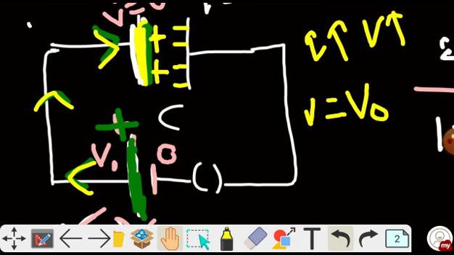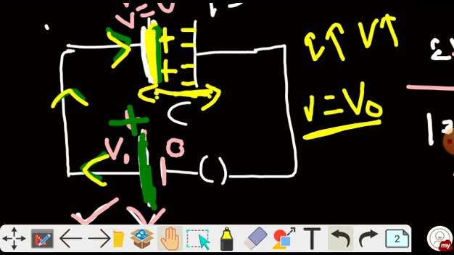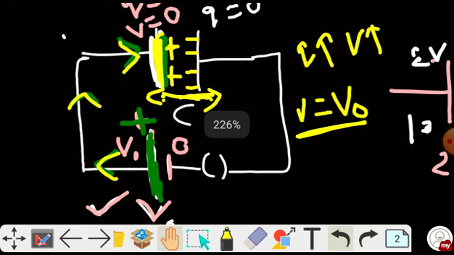At that time the process of charging is over, and the capacitor will not take any further charge from the battery. And this will only happen when V becomes V naught, or in other words, when the potential difference across the capacitor becomes equal to the EMF of the cell. Clear? Okay, one more thing.